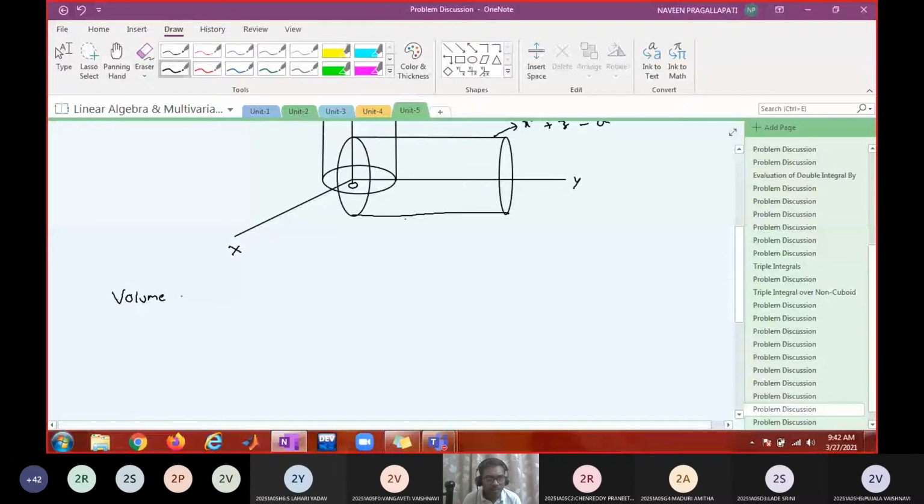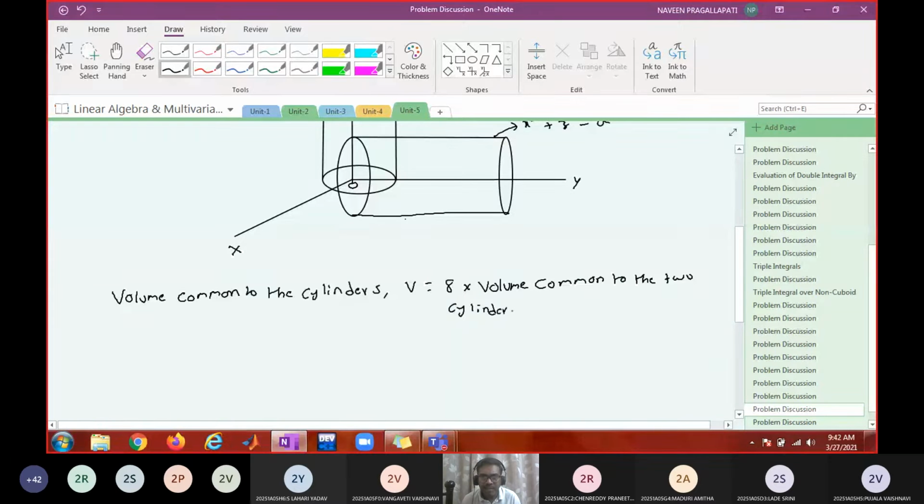So the volume common to the two cylinders: V is equal to 8 times the volume common to the two cylinders in the first octant.